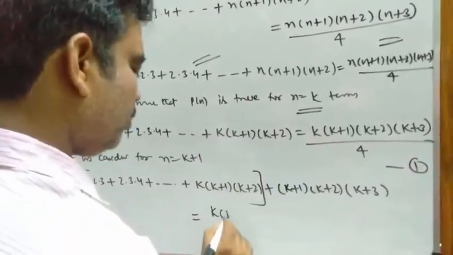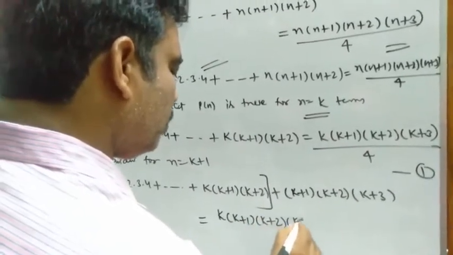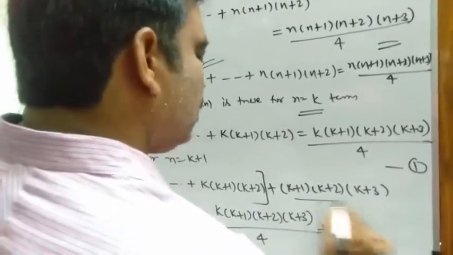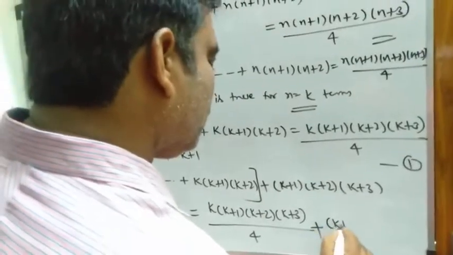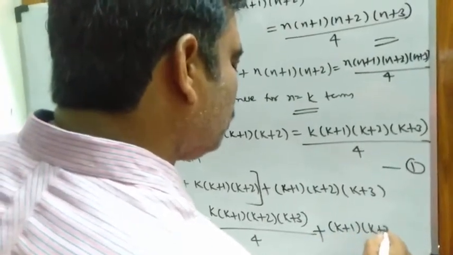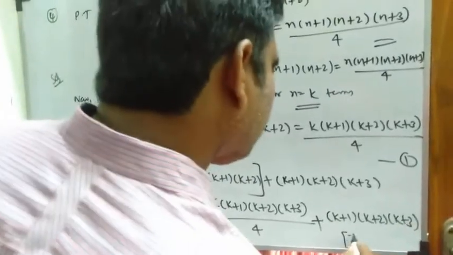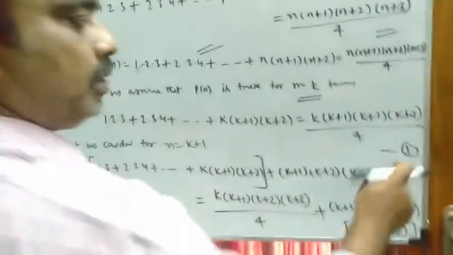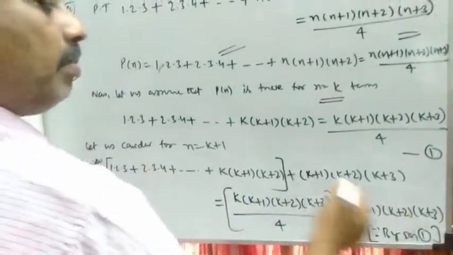So up to k terms, by equation 1, what can we write? k into k plus 1 into k plus 2 into k plus 3 by 4, plus this term to be added, which is k plus 1 into k plus 2 into k plus 3. I am using equation 1 here. So the entire term is equation number 1 plus the additional term.